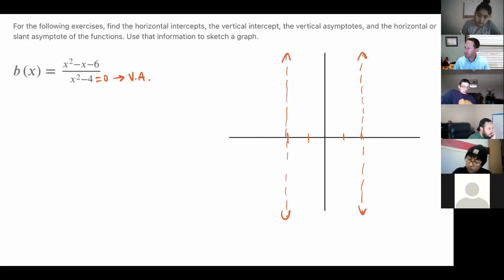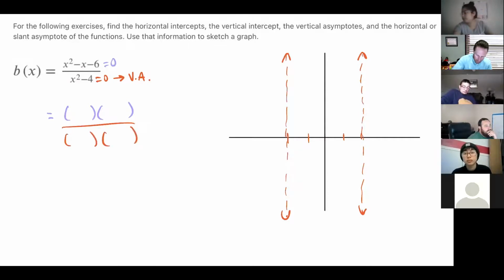Now, what do you think would be our second step? If we set the bottom equal to 0, do you think it would be good to know what the top equaling 0 would be? Well, remember, if we factored the top and the bottom, like we talked about doing in the last example, we knew that this was going to be x plus and x minus 2.